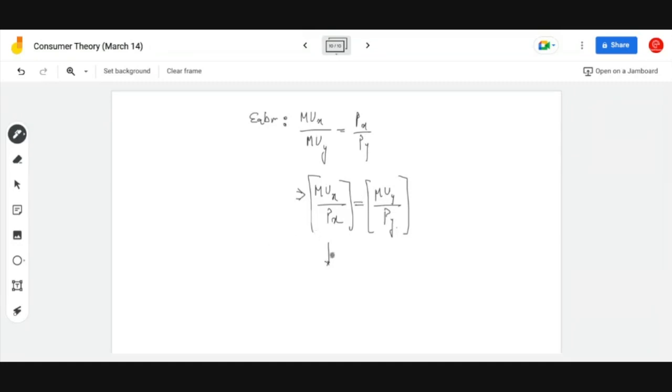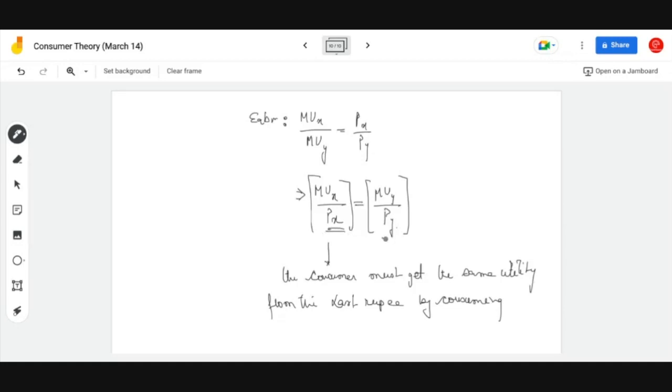The equilibrium point suggests that whether you are consuming good X or good Y, the last rupee that you are spending must give you the same utility. That is, the consumer must get the same utility from the last rupee by consuming either good X or good Y.